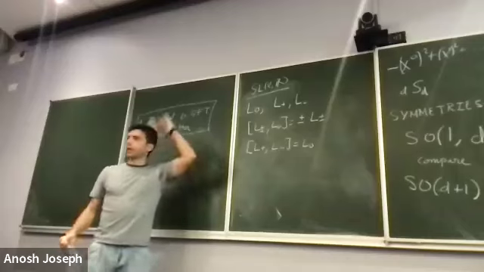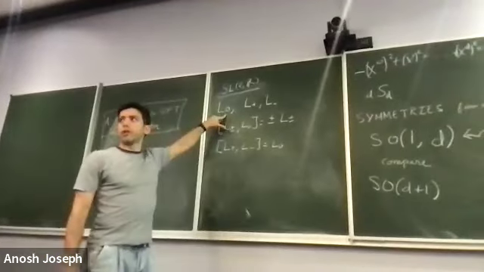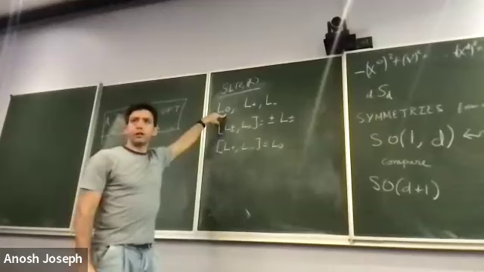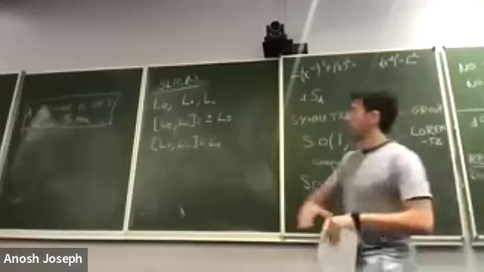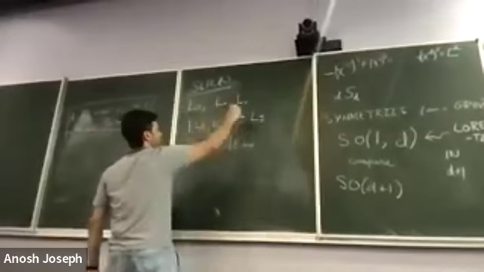If you want to think about it like a harmonic oscillator, L0 measures the energy, L plus raises the energy by one unit, and L minus lowers the energy by one unit.